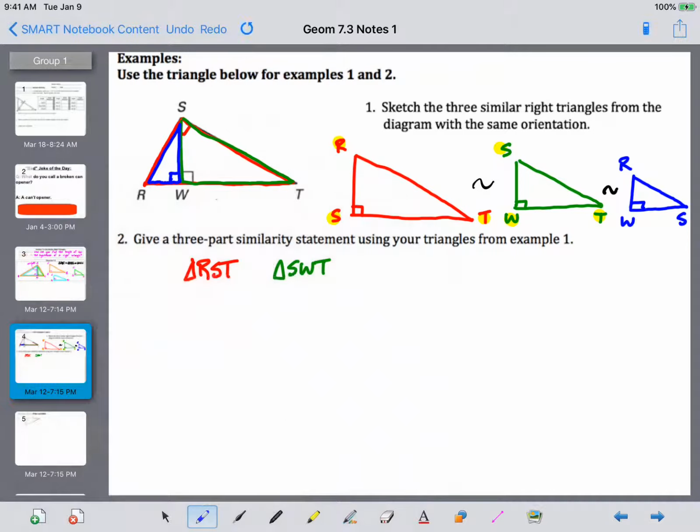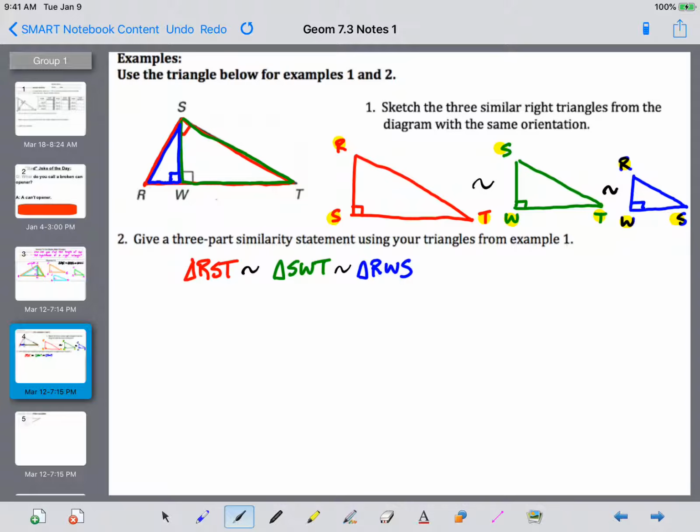Lastly, the little triangle in the same order would be RWS. We just say those three triangles are similar, so we can use that symbol to represent that.